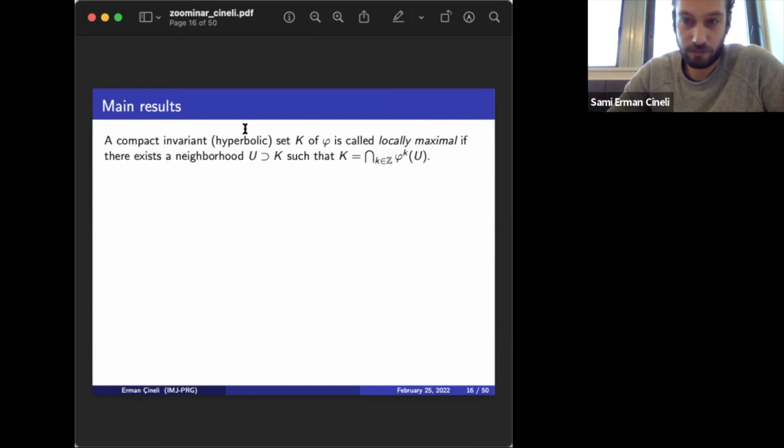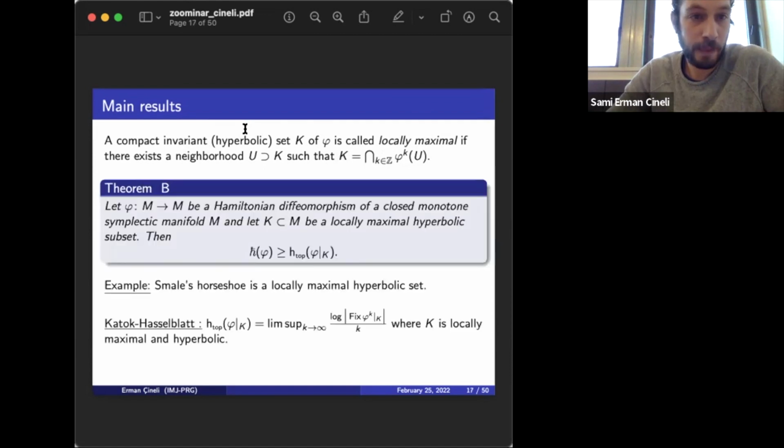So I just wanted to emphasize that here. So here's our theorem B. On such sets, locally maximal hyperbolic sets, the topological entropy is bounded from above by the barcode entropy.